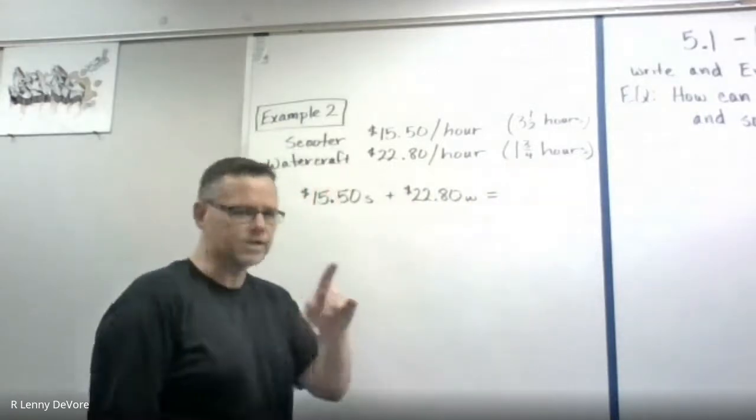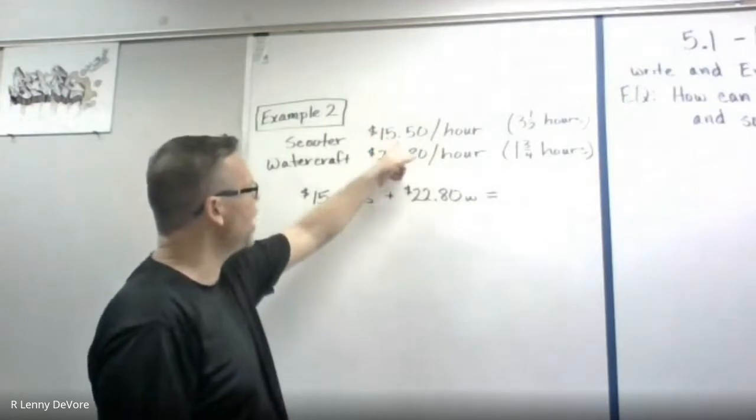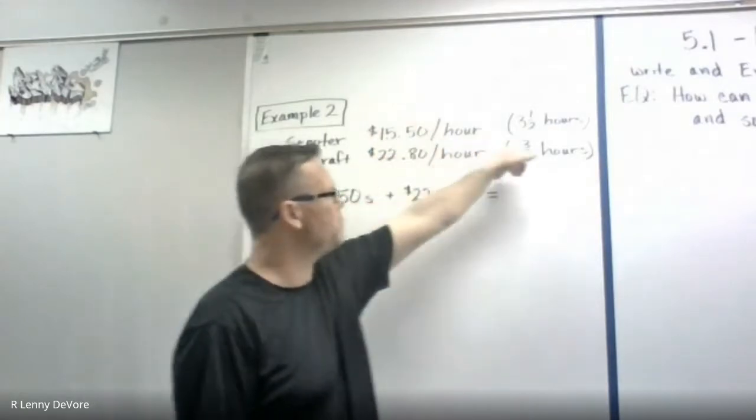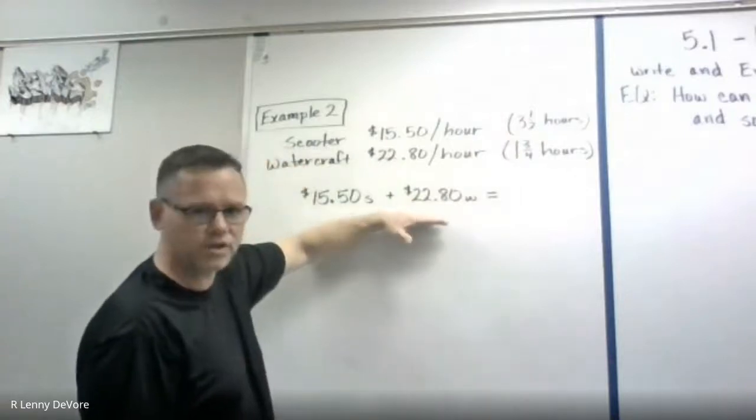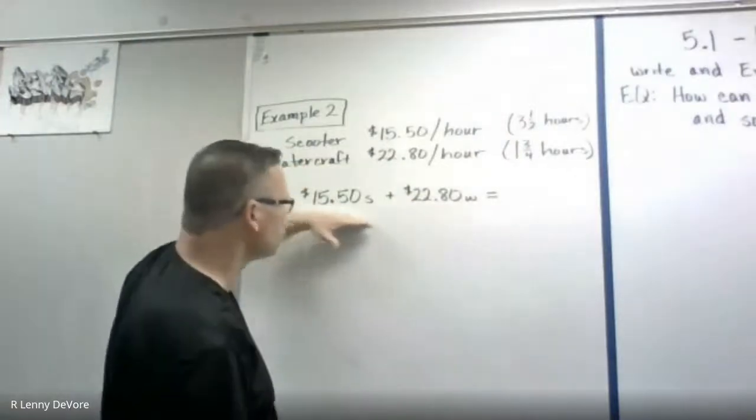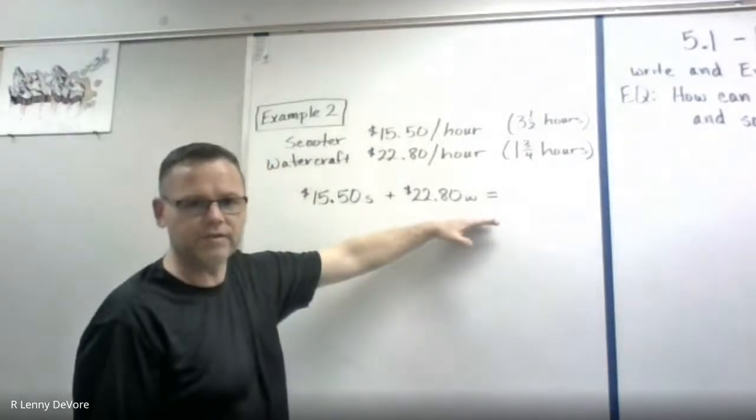Now, what this does is we know that we need to multiply that hourly rate by the amount of hours that they're using it. So here's an algebraic expression that maybe the owner would use so that they could figure out how much each customer needs to pay them.